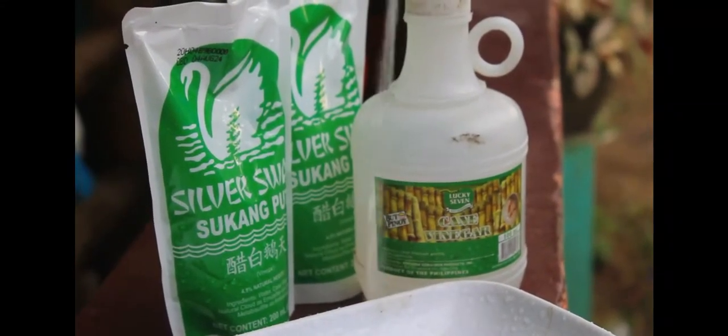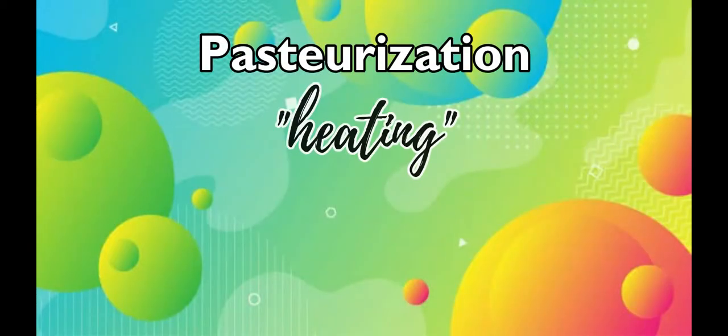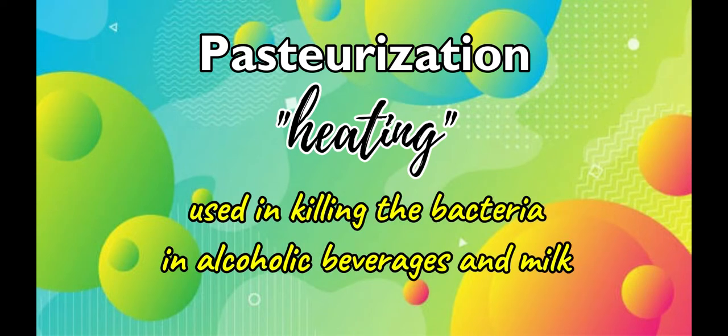He also observed that heating beer and wine to kill the bacteria preserved the flavor of these beverages. The term pasteurization, a process of heating, is still used to kill the bacteria in alcoholic beverages as well as milk.